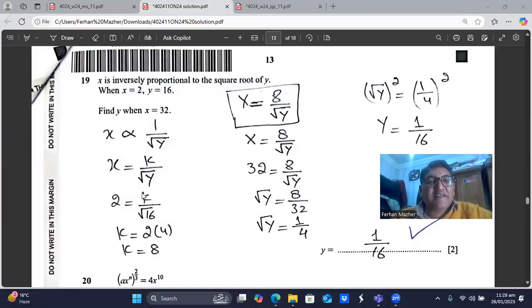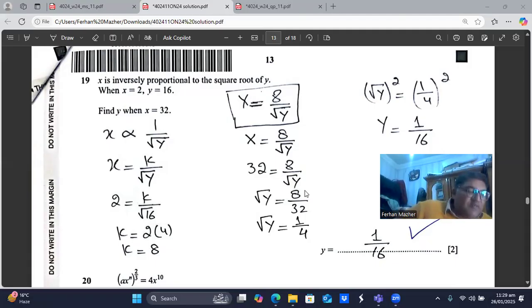So x will be equal to k by the square root of y. The x is 2, the y is 16. Put those values here. The square root of 16 will be 4. This 4 will multiply with the 4, and that is 8. So the k value is 8. So the formula will become x is equal to 8 divided by the square root of y. Now they want me to find the value of y when x is 32. So x is equal to 8 divided by root y.